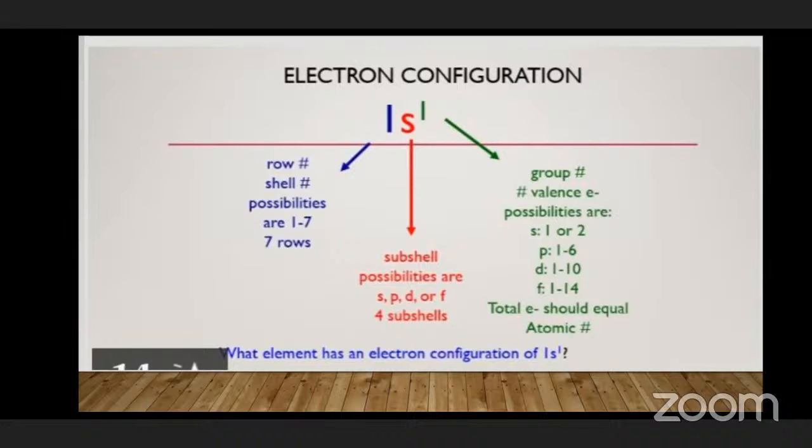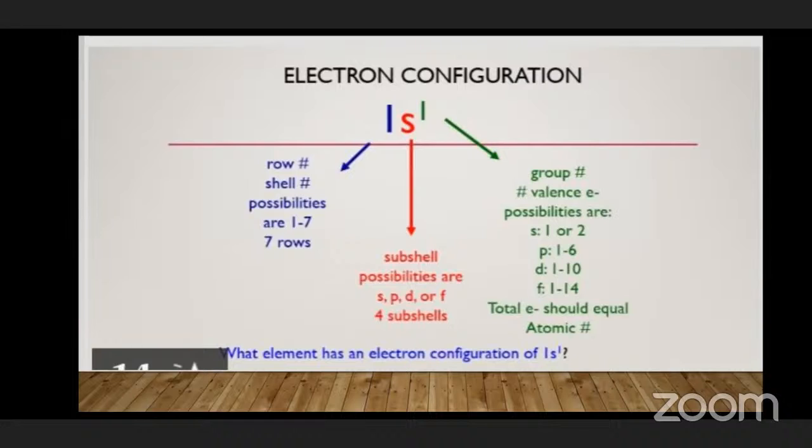Now you observe, the part in blue color represents the shell number. The possibilities are 1 to 7. The part in red color represents the subshell; the possibilities are s, p, d, f. Four subshells are there.